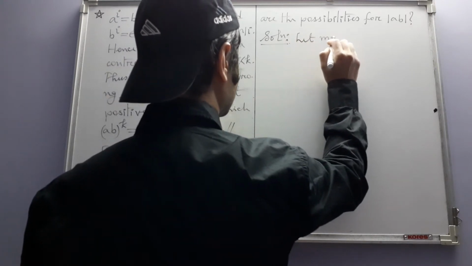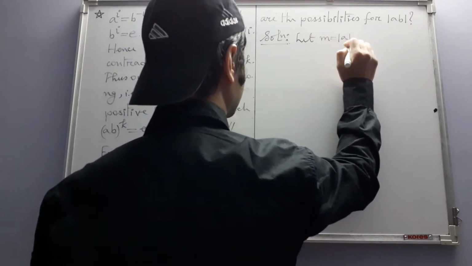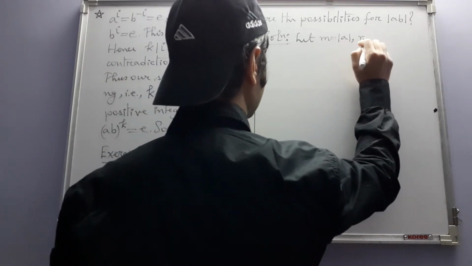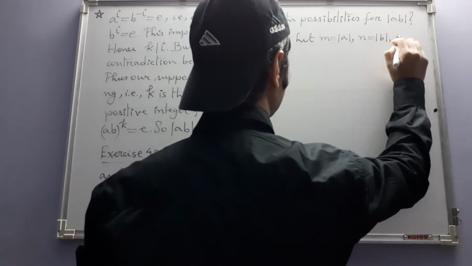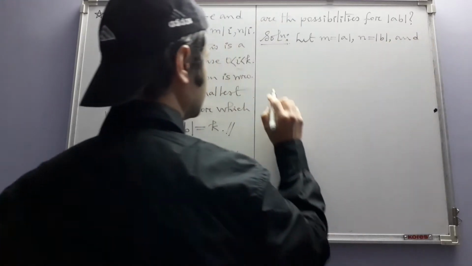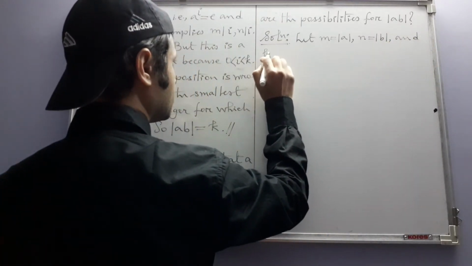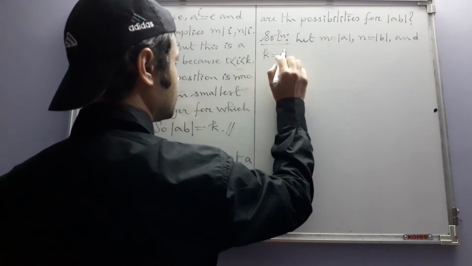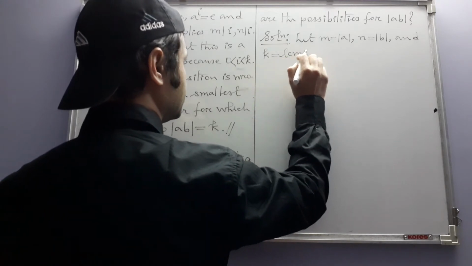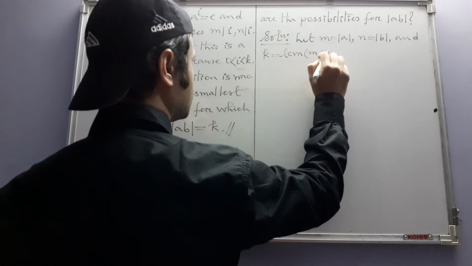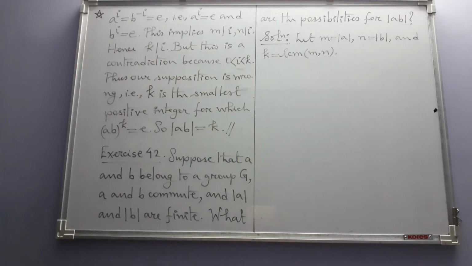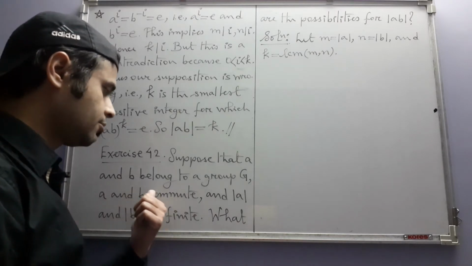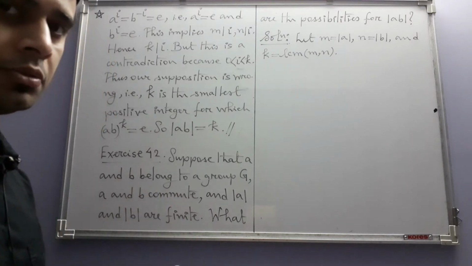Okay. Let M denote the order of A, N denote the order of B, and let K be the LCM of M and N. Okay. Now, just like the previous exercise, here also A and B commute.